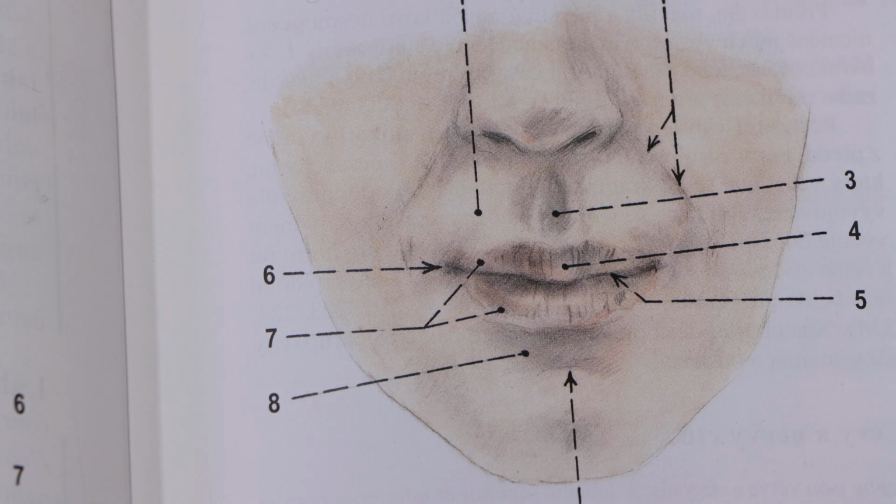That's why we have three different types of cleft, which we find in developmental disorders, usually in children.